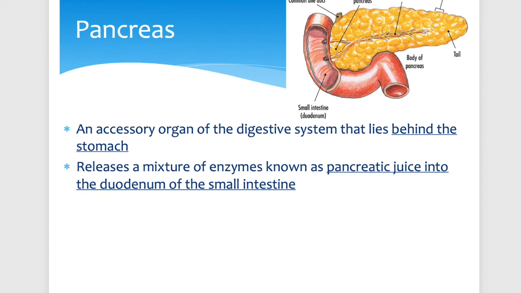What we will talk about is the enzymes. So your pancreas produces digestive enzymes and creates a mixture with fluid that we call pancreatic juice that is going to get released into the first part of the small intestine right here. It's going to help to digest and absorb carbohydrates.